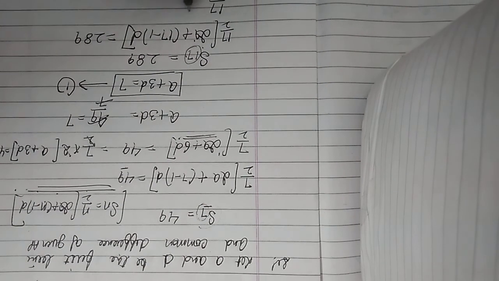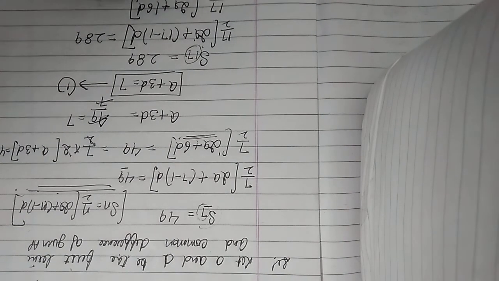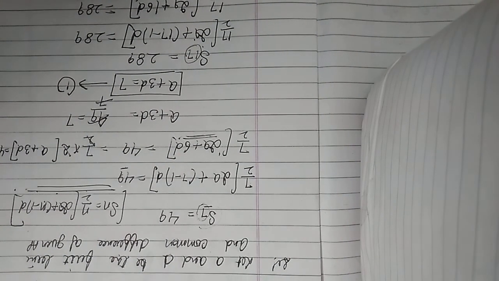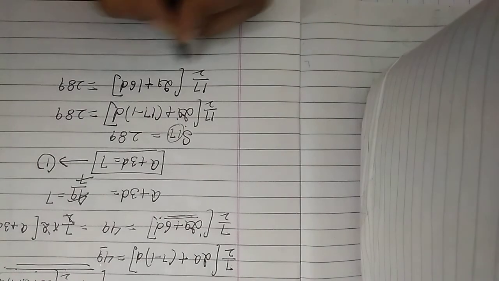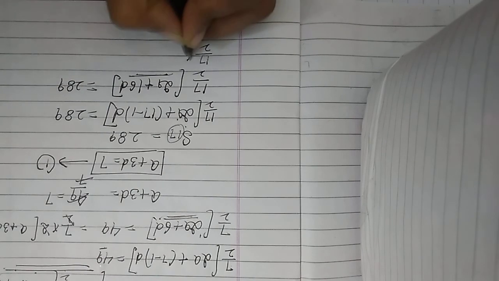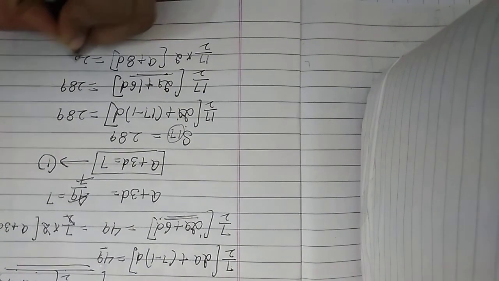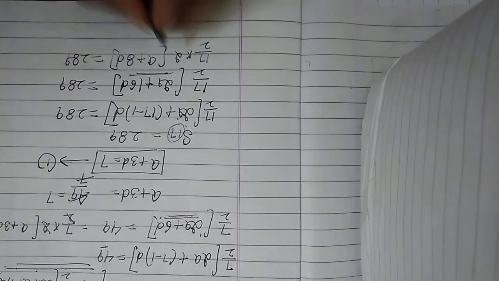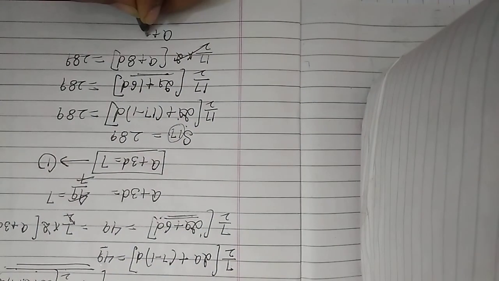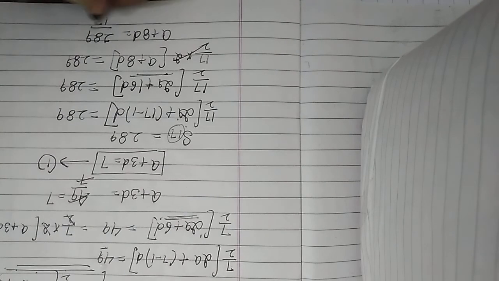So 17 by 2 into 2a plus 16d equal to 289. Now taking 2 common, 17 by 2 into 2 into a plus 8d equal to 289. Now 2 cancels, so a plus 8d equal to 289 by 17.